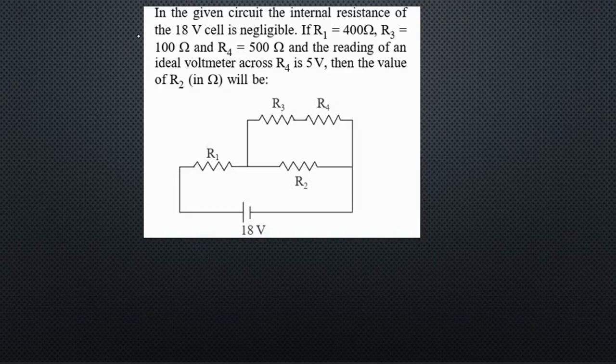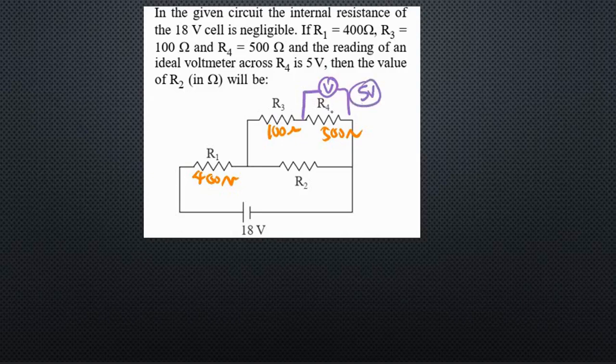In the given circuit, the internal resistance of the 18 volt cell is negligible. If R1 equals 400 ohms, R3 is 100 ohms, R4 is 500 ohms, and the reading of an ideal voltmeter across R4 is 5 volt.